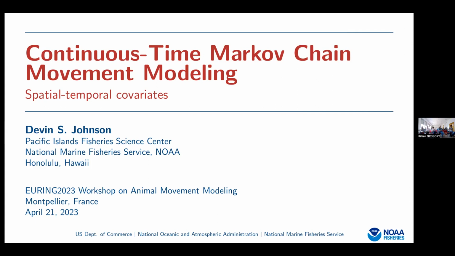Okay, so this is the next section for continuous time modeling, but it's going to be a little bit different than you probably have thought about before, although we have seen a few examples of it at the conference this week. We're going to stay with continuous time, but we're now going to go to discrete space. So I'm going to move to discrete cells rather than just completely continuous space.